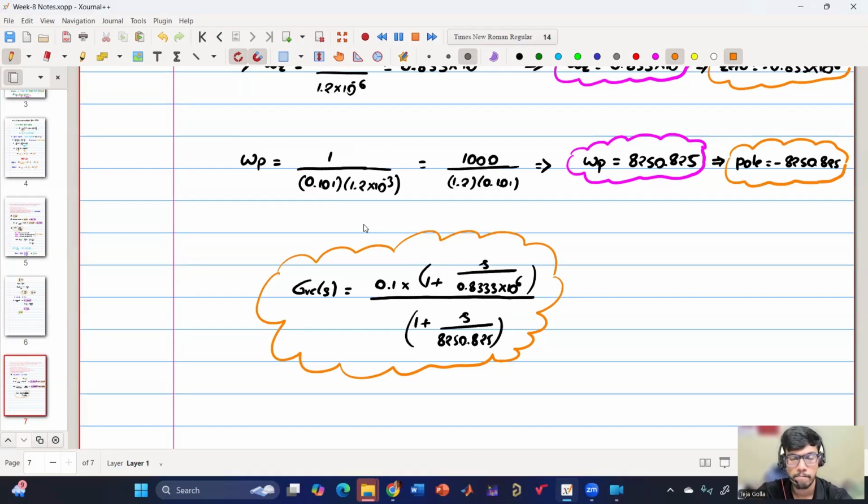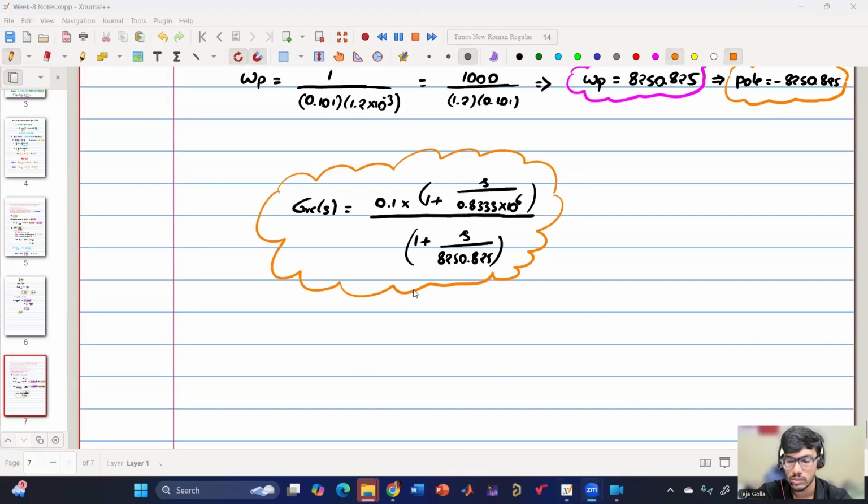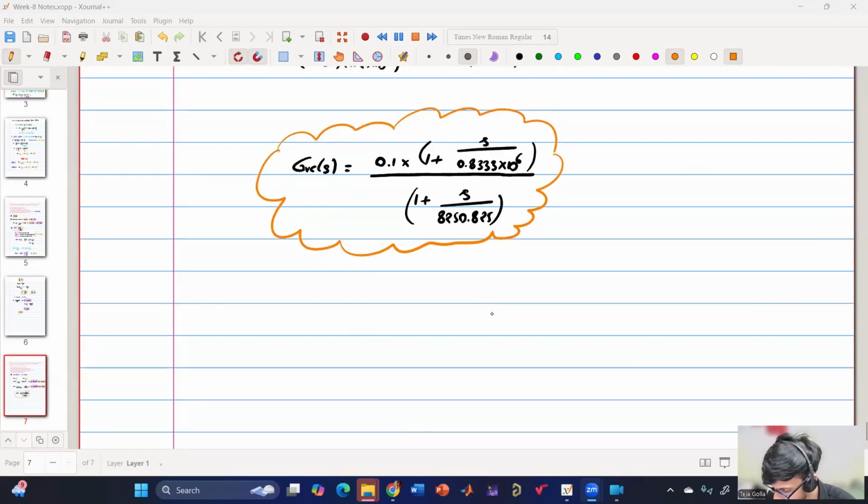Any idea? Anyone? One controller will have one pole at origin, then another pole to cancel that ESR zero, then one zero to cancel this pole. Yes, very good. So let us go step by step.